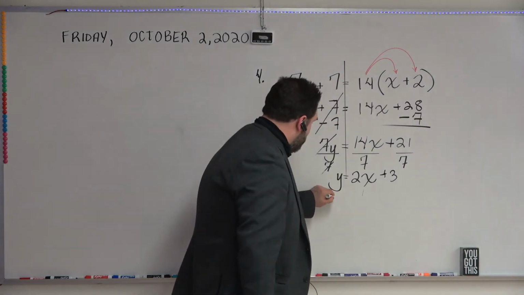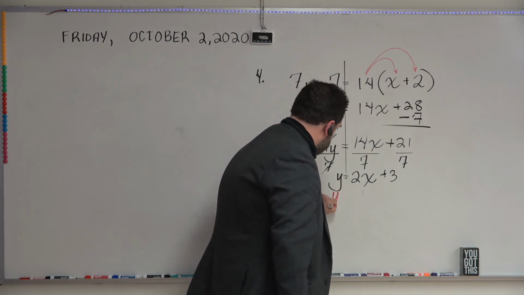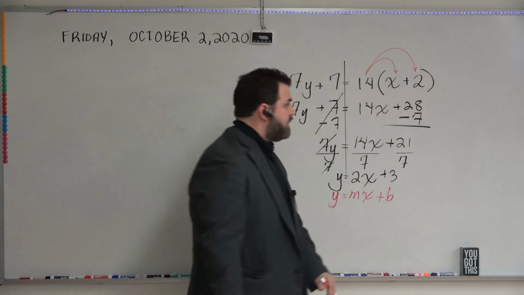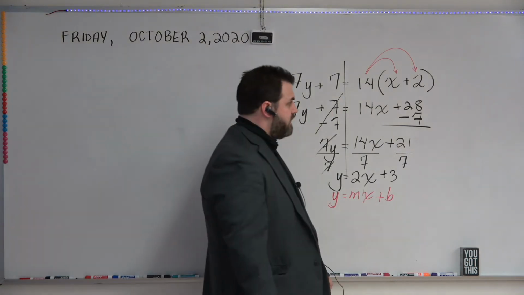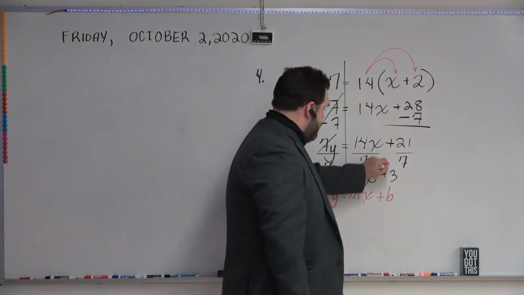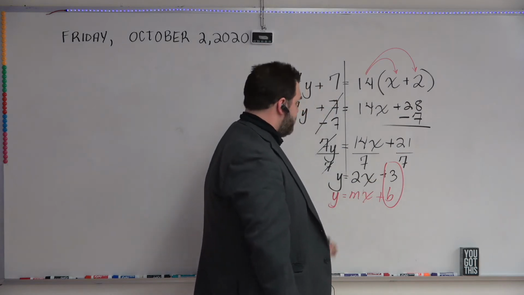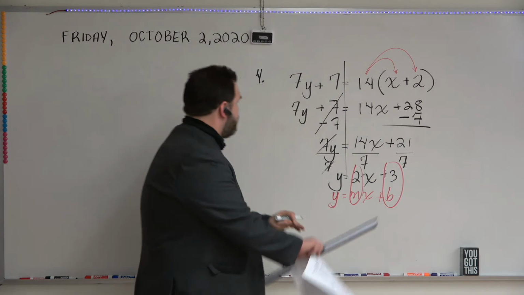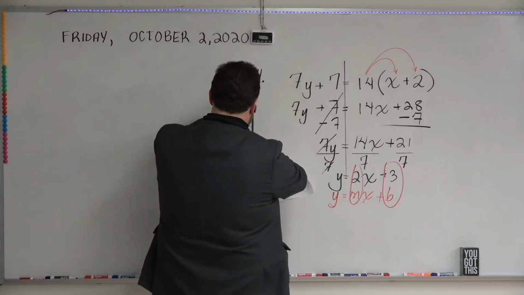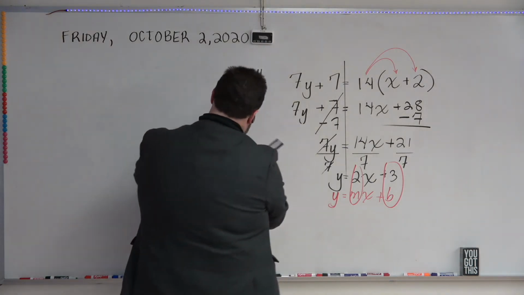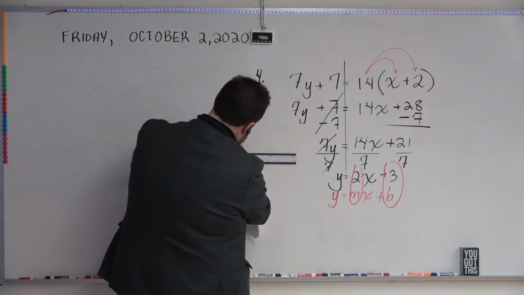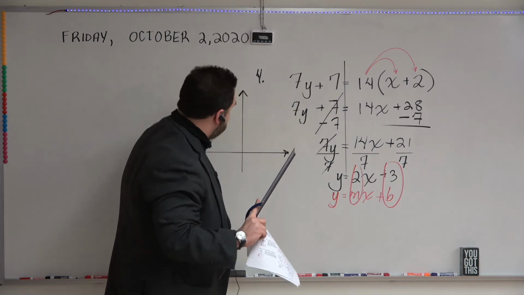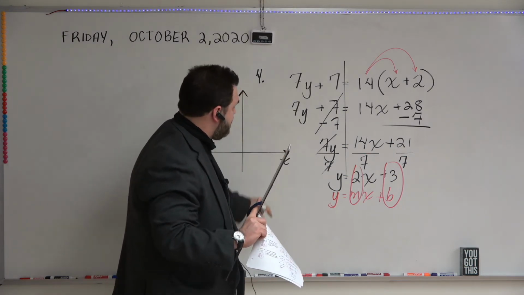So let's just write y equals mx plus b. What's the y-intercept? 3. What's the slope? 2. I'm going to quickly sketch the graph of this so you can start to see the idea, and also to remind us that sketching graphs does not need to take a long time.